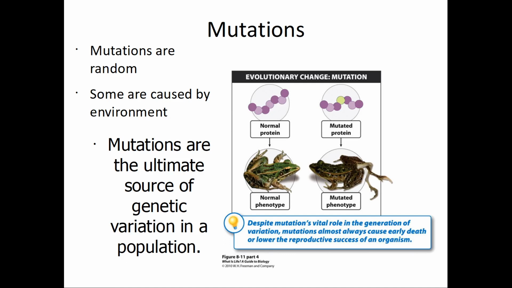All right. More about mutations. Mutations are random. They're caused by the environment, such as radiation, and some chemicals are carcinogenic, or mutagenic rather, and that is largely the ultimate source of genetic variation in any population.